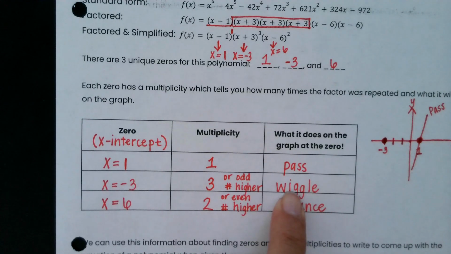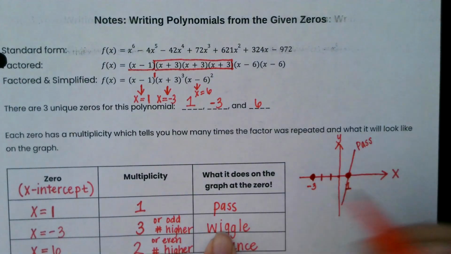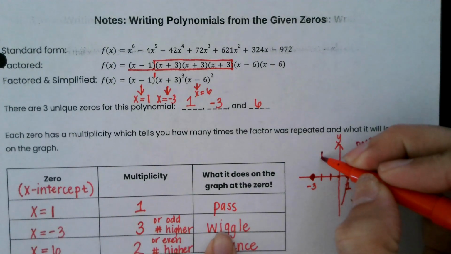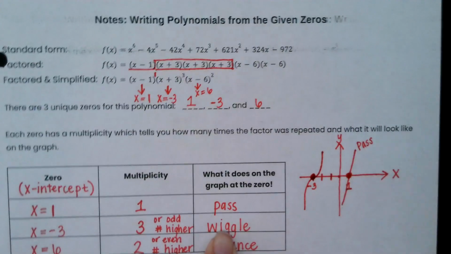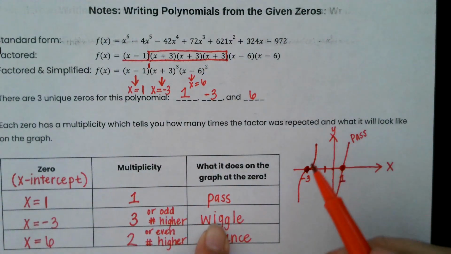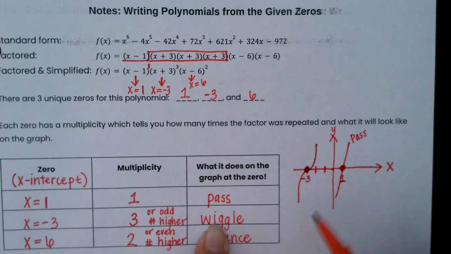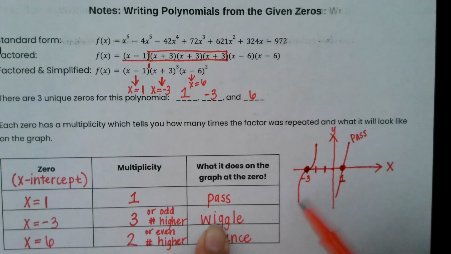Let me show you what it looks like when it wiggles. It does go in one side and out the other, but it does a little curve and a curve. It does a little juke. It's like, I'm going to go this way, psych, I curve again and go this way. It doesn't go straight through.